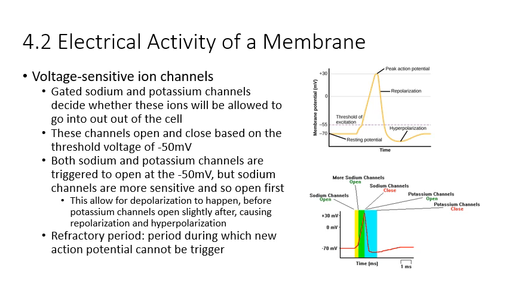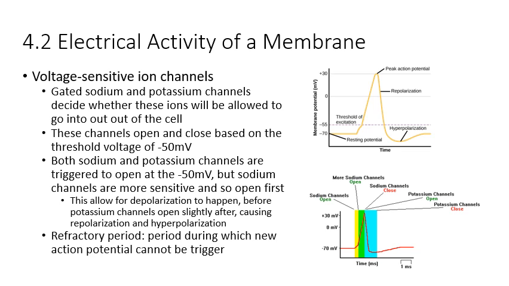We'll say negative 50 for simplicity. Sometimes it's a little bit different in different types of neurons, but at negative 50 millivolts on average in human neurons, this threshold of excitation is reached, and that's the point at which an action potential will start.